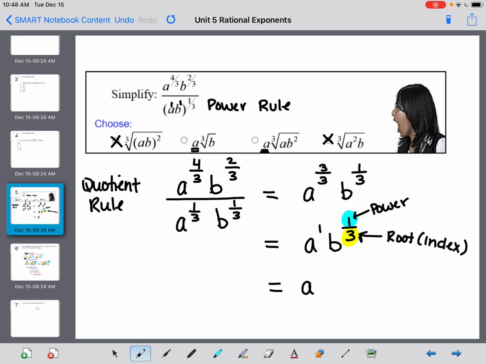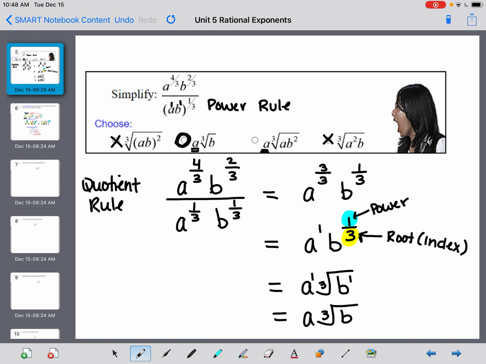So if I go to write this as an equivalent radical expression, the b should be under a cube root and being raised to the first. Now, because we don't always write powers of 1, even with the a, we don't typically keep writing that. It could be written without that power of 1 and just be simplified as a times the cube root of b, which now we can see is a choice here, this second choice.